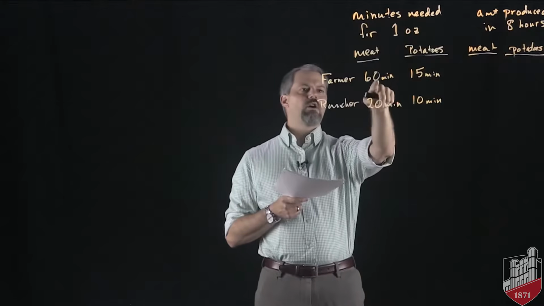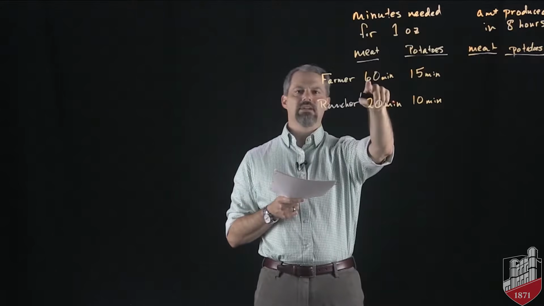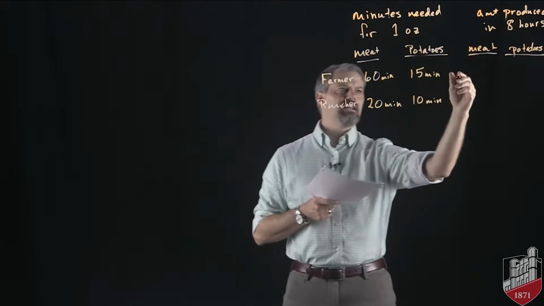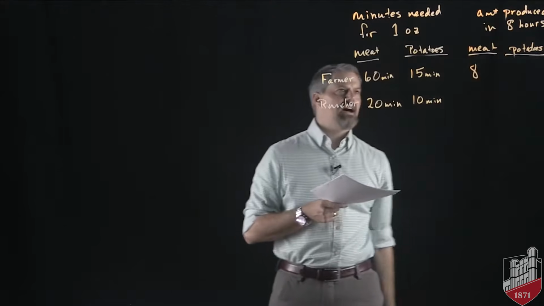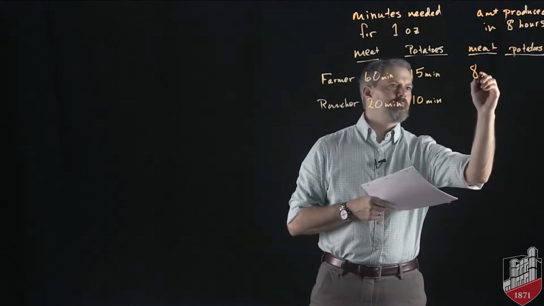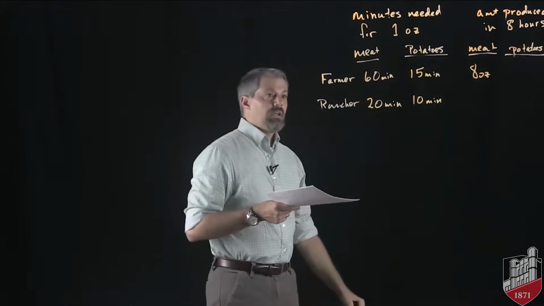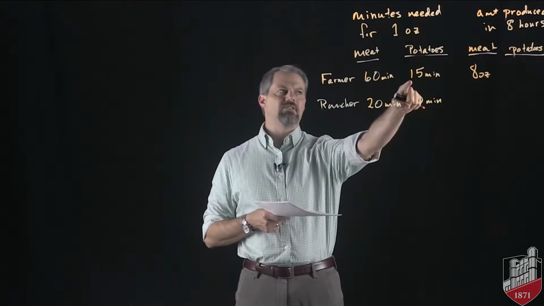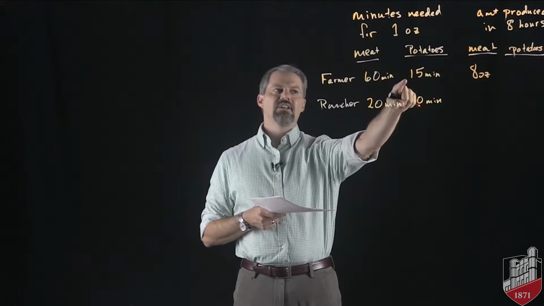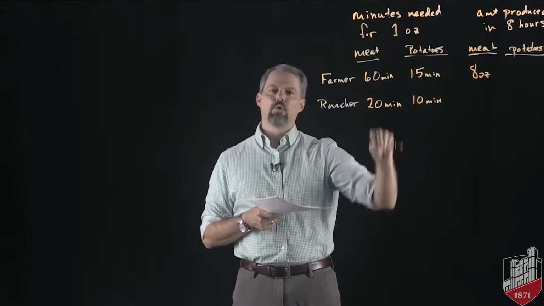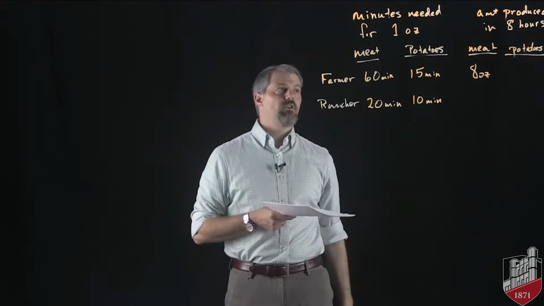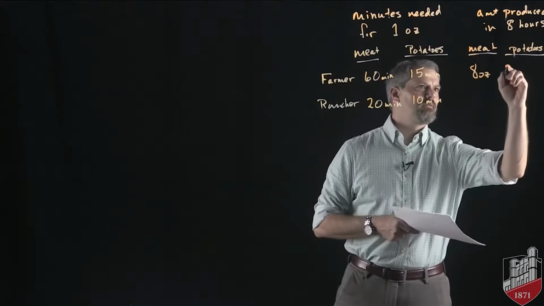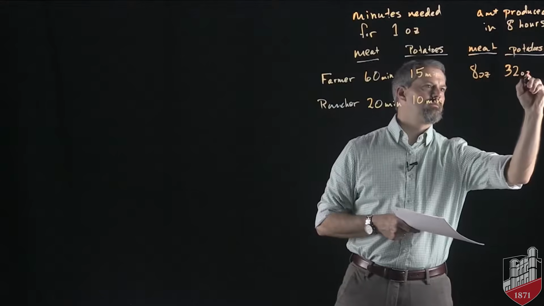If the farmer needs 60 minutes to produce an ounce of meat and spends all 8 hours producing meat, then at the end of the day, the farmer would have 8 ounces of meat. If the farmer needs 15 minutes to produce an ounce of potatoes, that means that each hour the farmer can produce 4 ounces, and if the farmer works 8 hours, can produce 32 ounces.